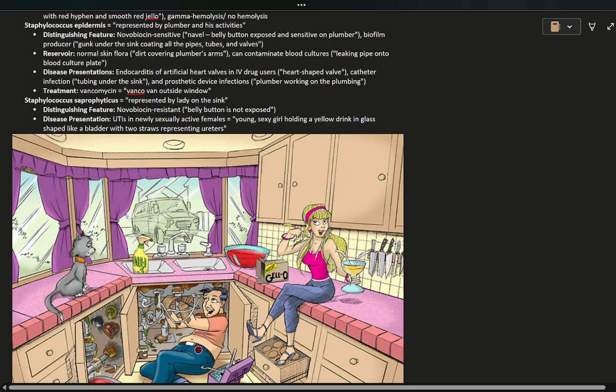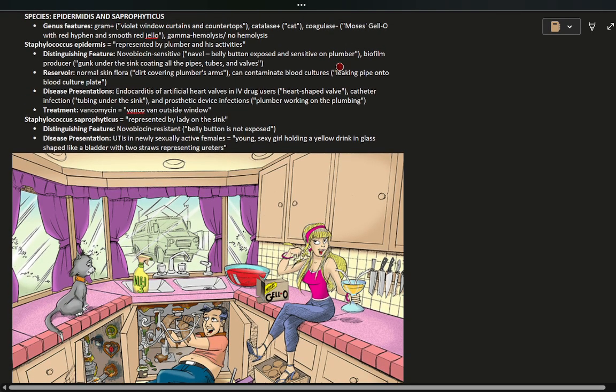It is also a biofilm producer, represented by the gunk underneath the sink, coating all the pipes, tubes, and valves. That's how you know that Staph epidermidis is a classic biofilm producer while being novobiocin sensitive.